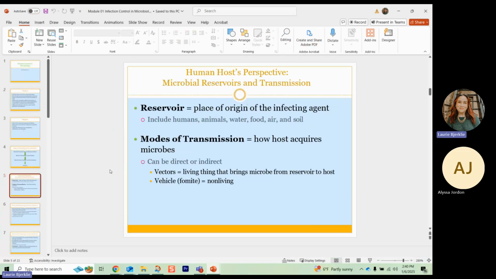Think of doorknobs, a common one, right? Cell phones, countertops, things that somebody has sneezed on or passed it on and then it didn't get cleaned and you come along and touch it and you don't realize it and that's how you got it. That is a fomite, which is non-living. So those are definitely terms to know as well, vector and fomite.